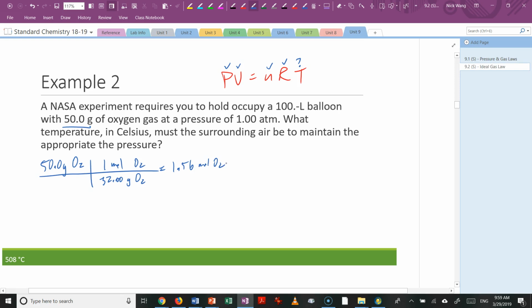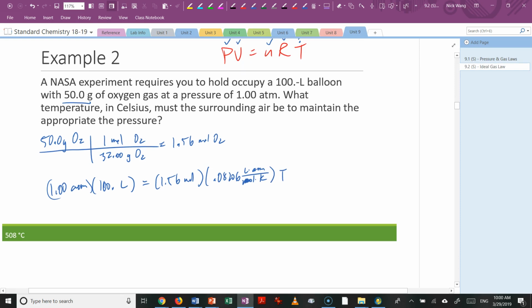Let's go and plug some numbers into our big formula of PV equals nRT. P is 1.00 atm times 100. liters. That's equal to a mole amount of 1.56 moles times this gas constant, which is always available to us with all of these units, liters atmospheres per mole K, and then times T, which we don't know.